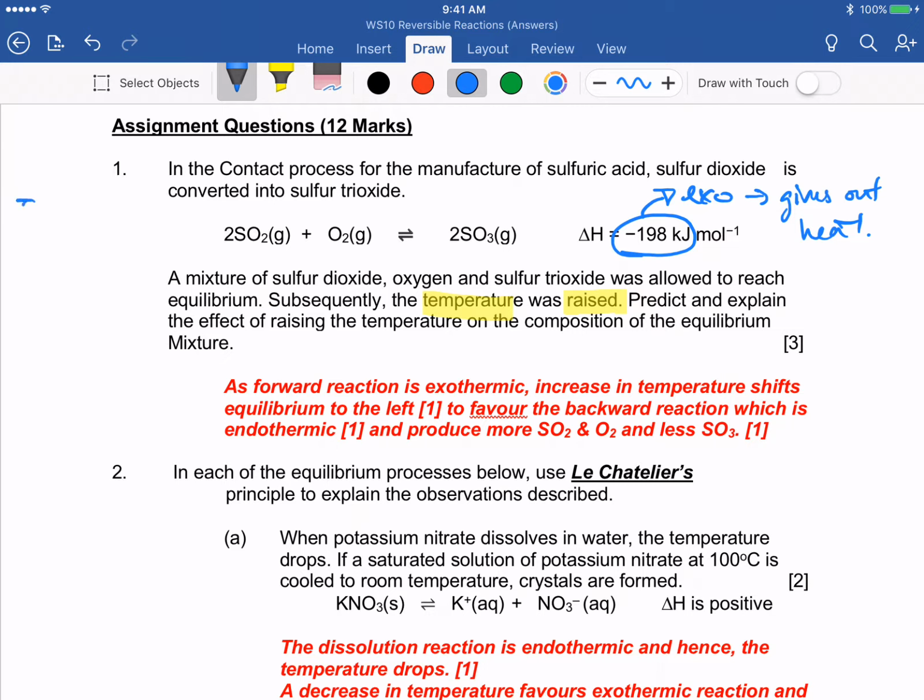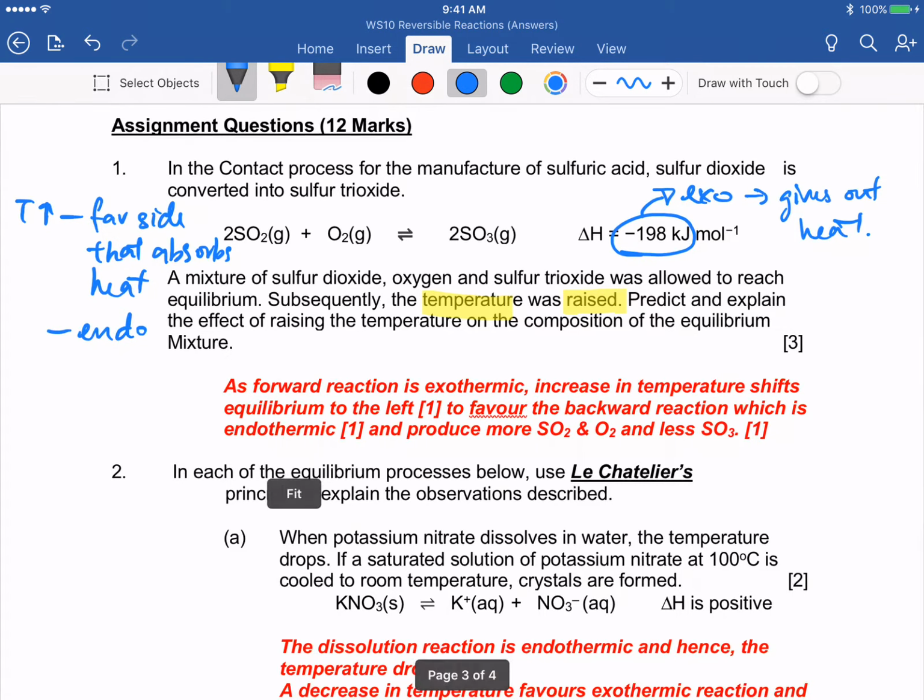When temperature is increased, should we favor exothermic or endothermic reactions? To counter the change, I must favor the side that absorbs some of the heat. So it favors the endothermic reaction instead of the exothermic.